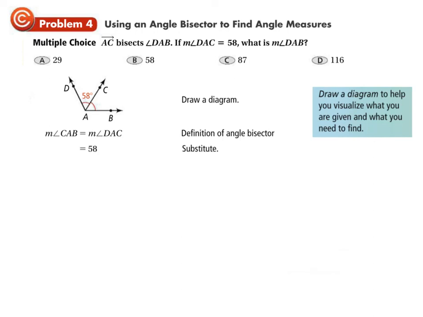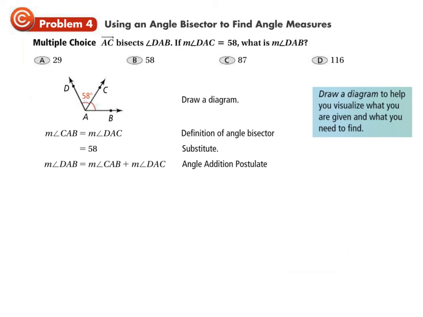And since we know this one is equal to 58, and we know that they're equal, we can then say this statement here: the measure of angle CAB is also equal to 58. Now, we also know this from the angle addition postulate, that the measure of angle DAB, the larger one, is equal to the measure of the two smaller ones added together, the measure of angle CAB plus the measure of angle DAC.